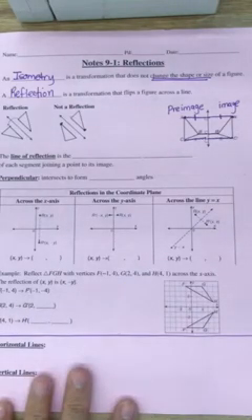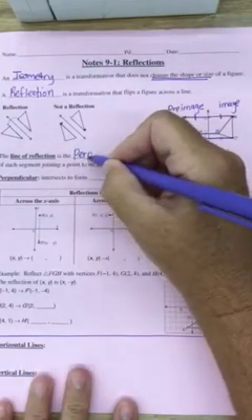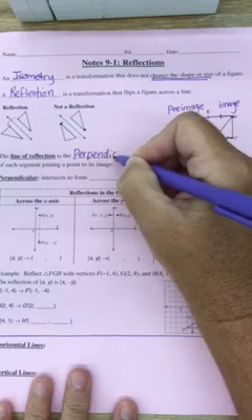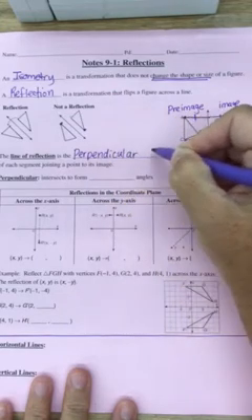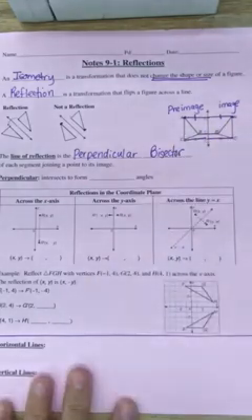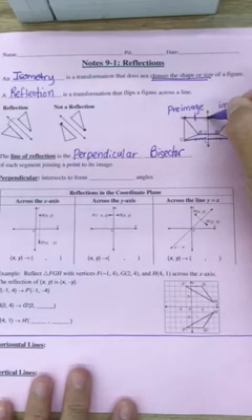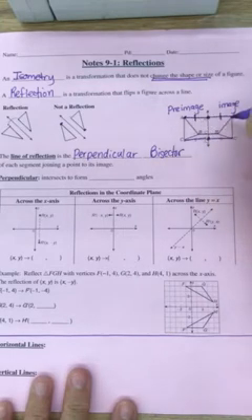The line of reflection is the perpendicular bisector of each segment joining a point to its image. So each segment here is going to be congruent to the segment that corresponds to it on the other side.